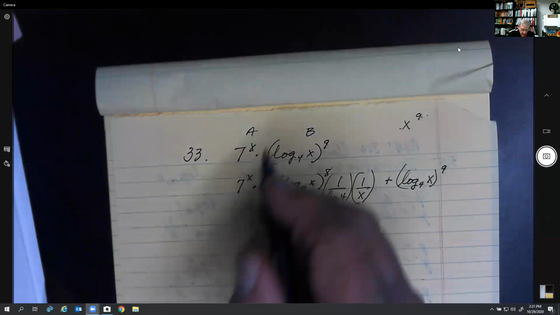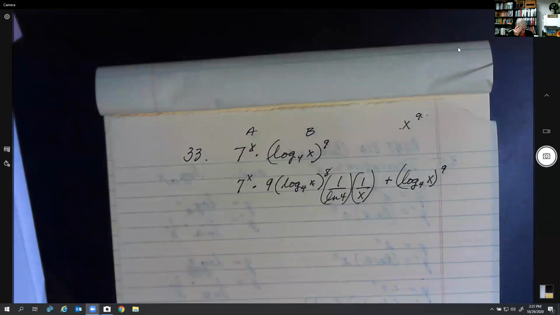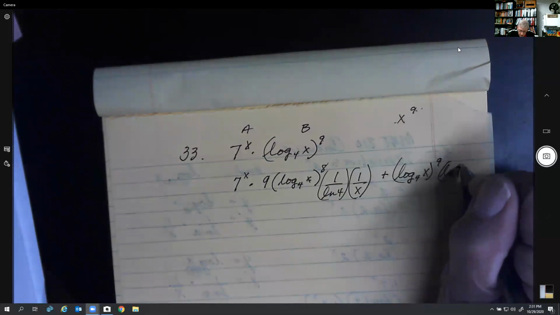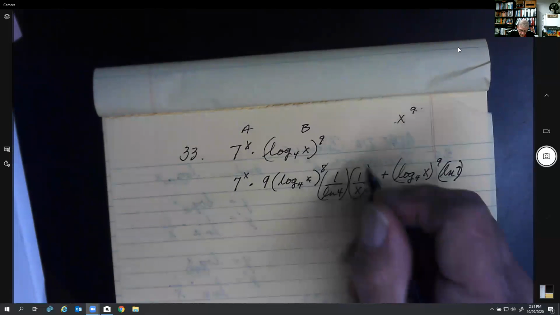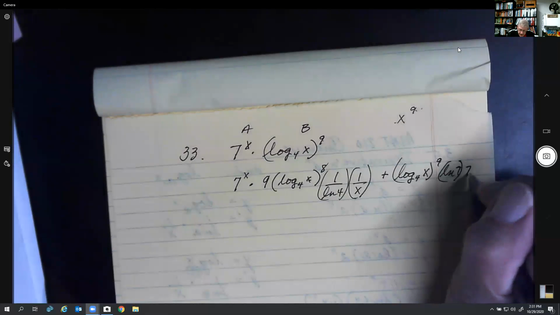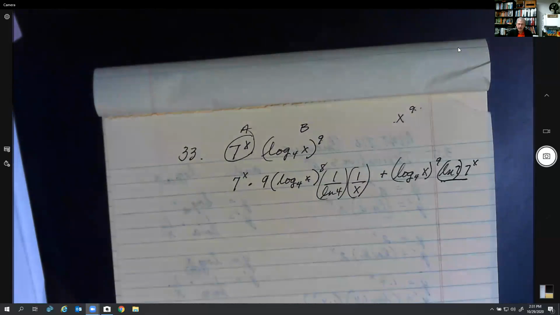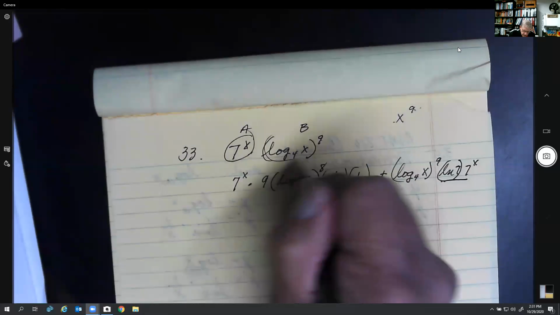Nothing doing there, times the derivative of 7x. So let's see if we can remember what that one was. We just did it. It's the natural log of 7, the natural log of the number times the original problem, 7 to the x. So that's a new one we just learned today. Both of these are new, actually.